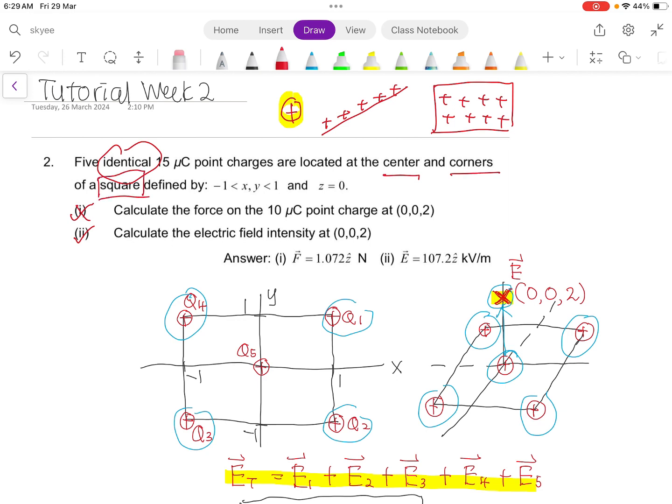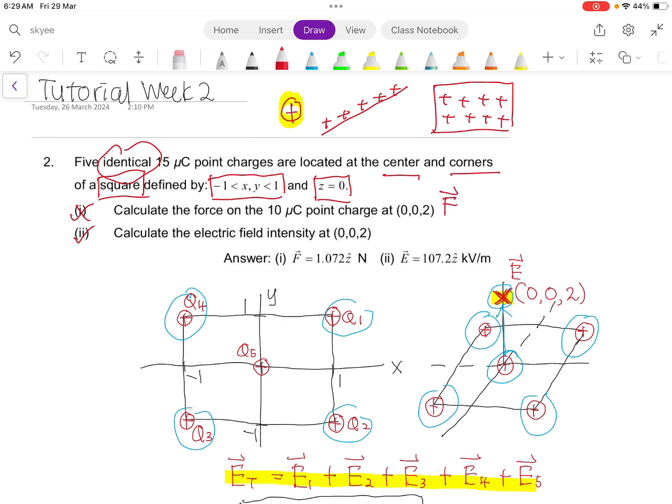This square is defined by -1 to 1 for its x and y. This tells you the dimensions of the square, and the square is located at the position z equals to 0. The first question is asking you to calculate the force.